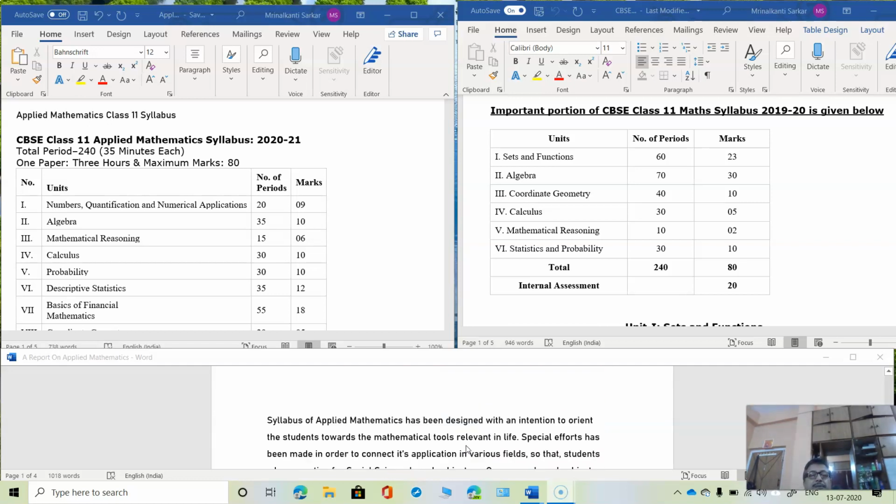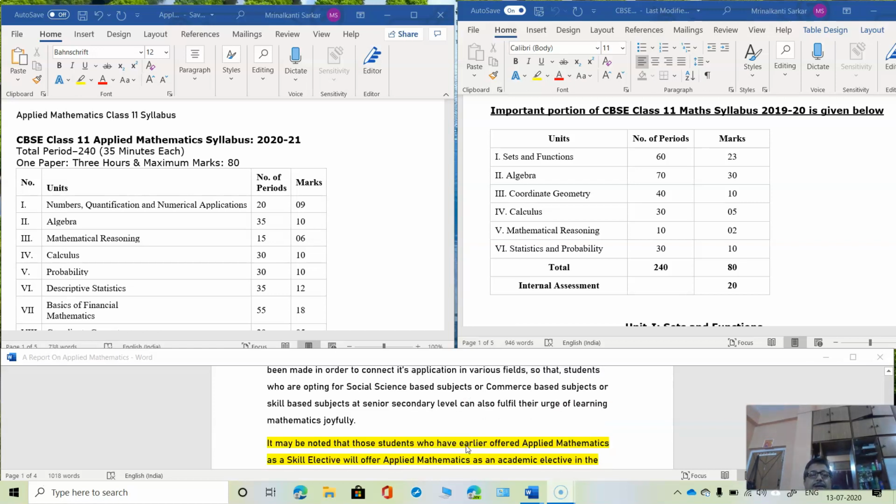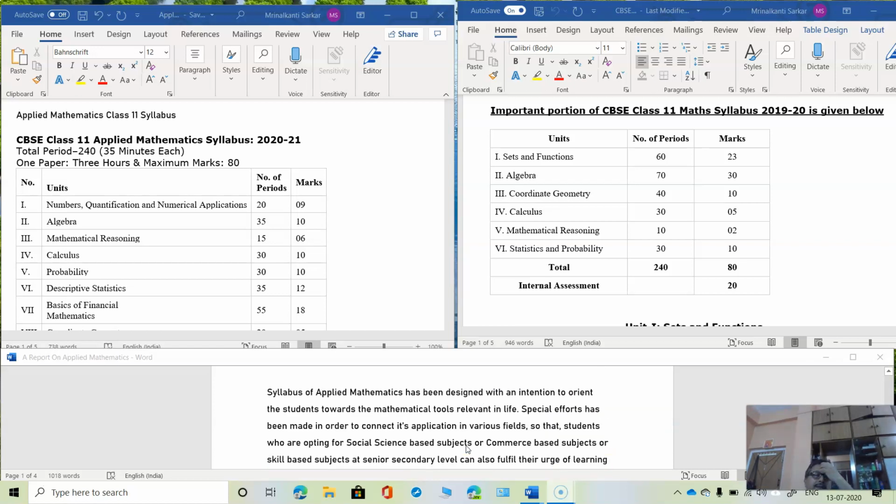This part I have to make clear to all of you, and I am going through the main points here. This coursework for applied mathematics is designed in such a way that it intends to orient the students towards mathematical tools relevant in life. Special efforts have been made in order to connect its application in various fields.